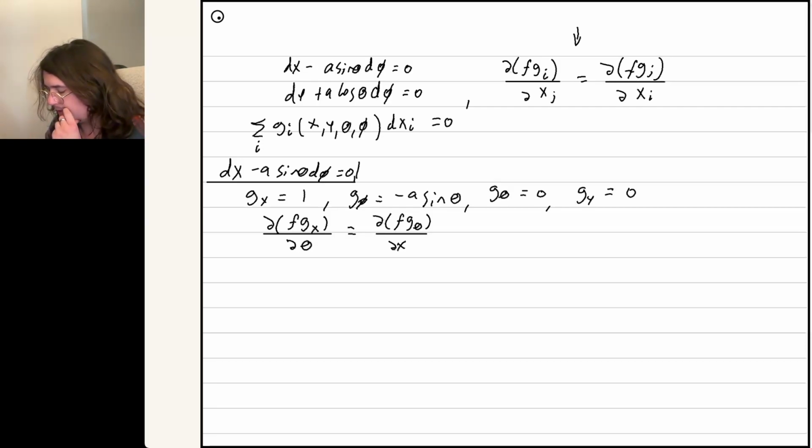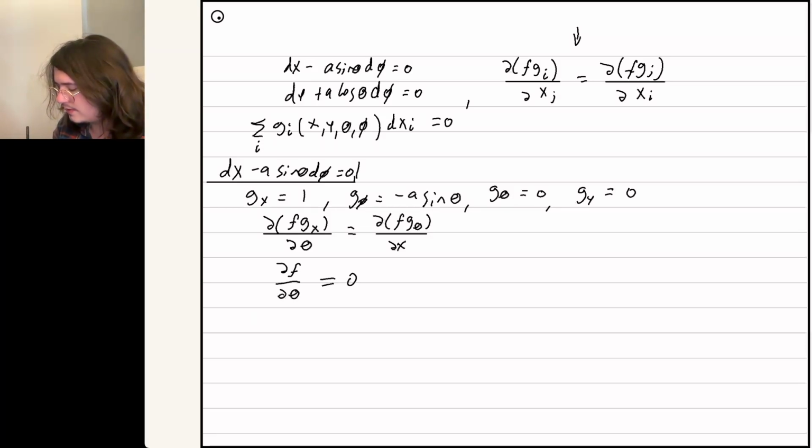Now, gx is 1, so the left-hand side should be del f del theta, but g theta is 0, so the right-hand side is 0. So this predicts that del f del theta is equal to 0, so the integrating factor should not depend on theta. Okay?